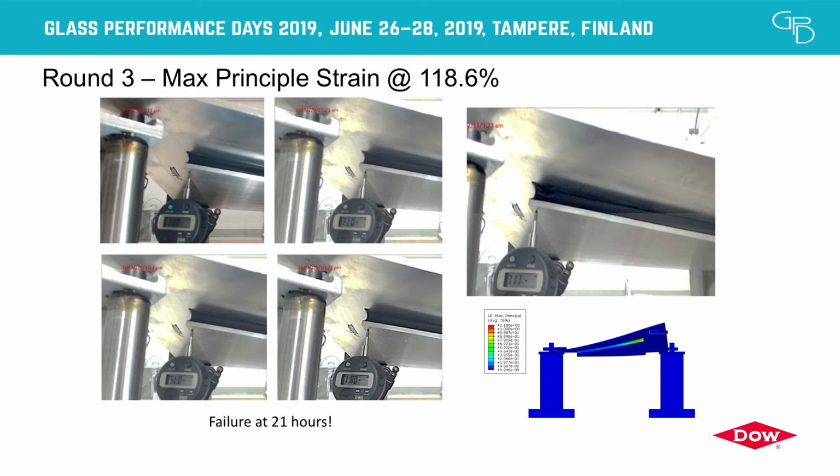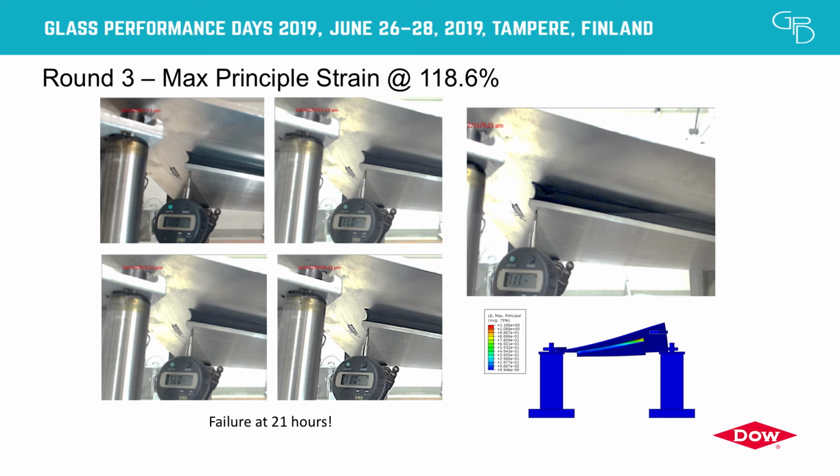So round 3, okay, we've got one data point. If we have 2, we can draw a line and we can make all sorts of assumptions. So let's increase the max principal strain a little bit, in between where we were at and where we know the failure point is immediately. And let's get a couple more data points to see if we can do a regression analysis. So the max principal strain was at around 118%.